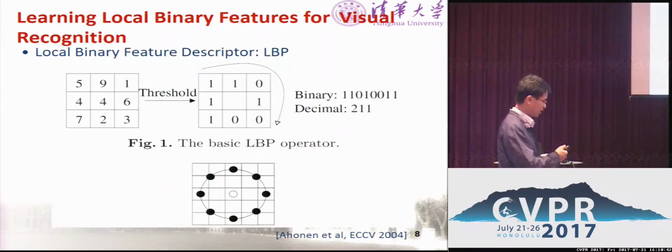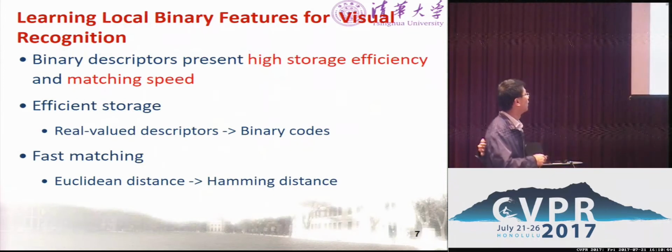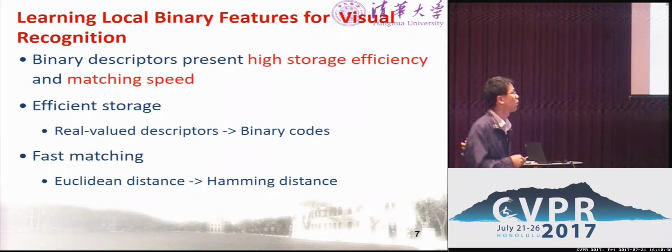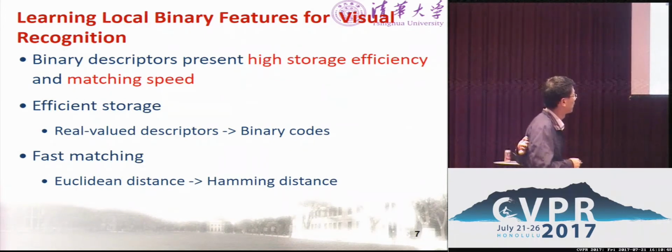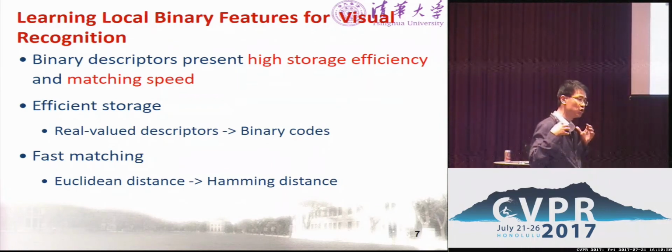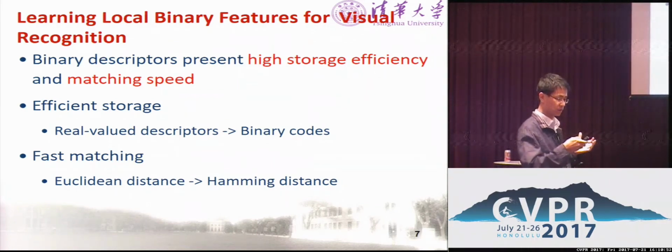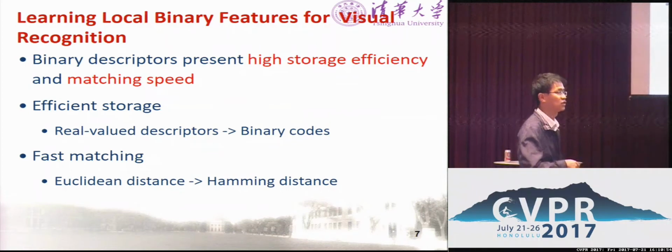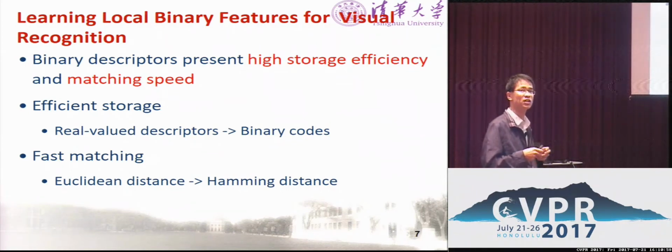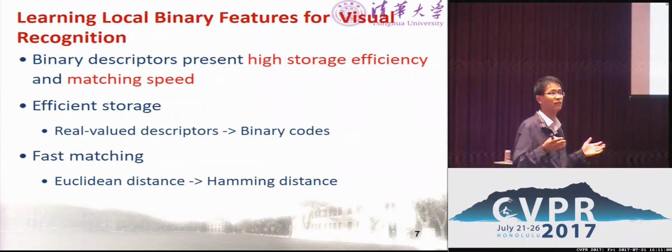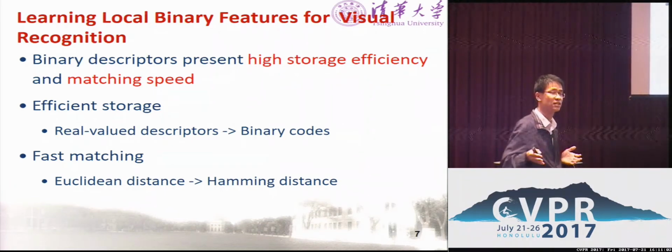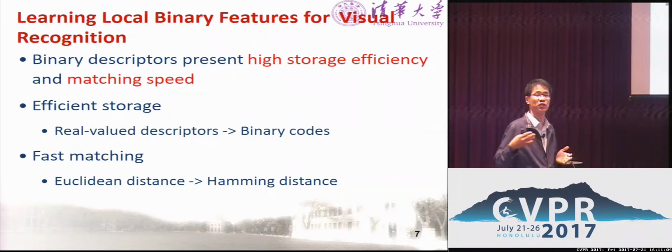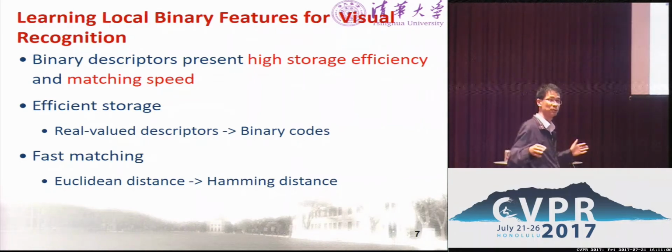The key reason binary features are fast is that previously, if we wanted to use real values to do the matching, the Euclidean distance was usually used. For binary features, we usually use the Hamming distance, and the similarity can be computed in the Hamming space, where AND and OR operations can be used, so the computation speed is very fast.